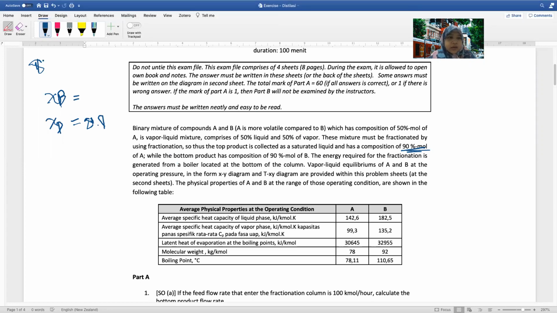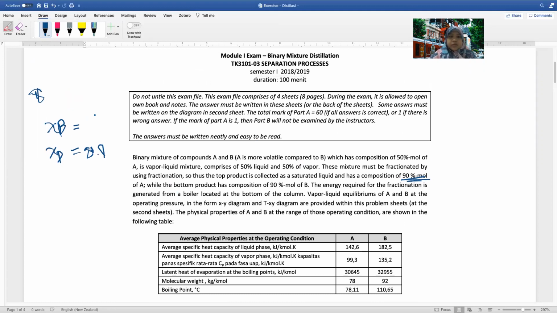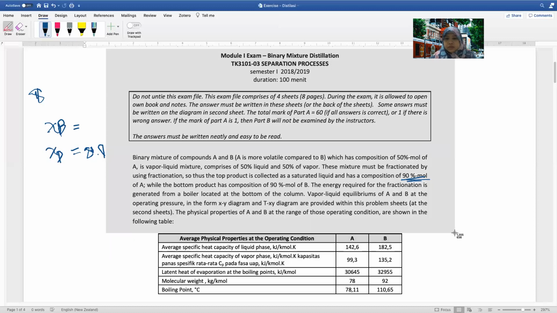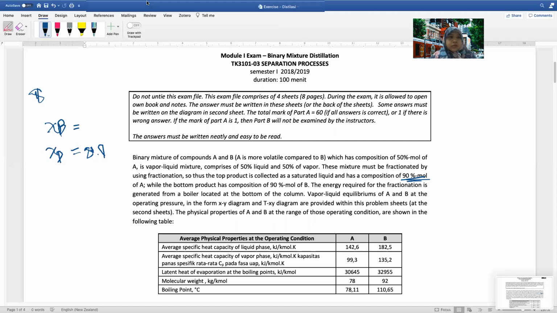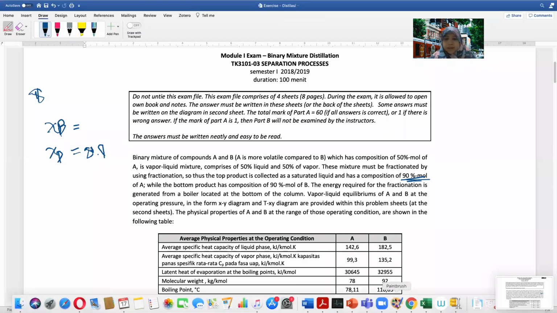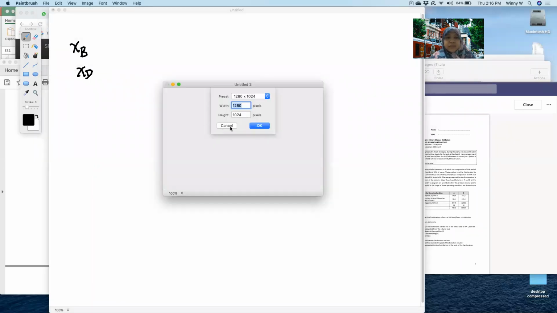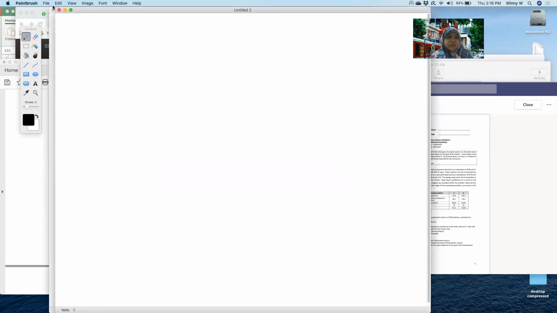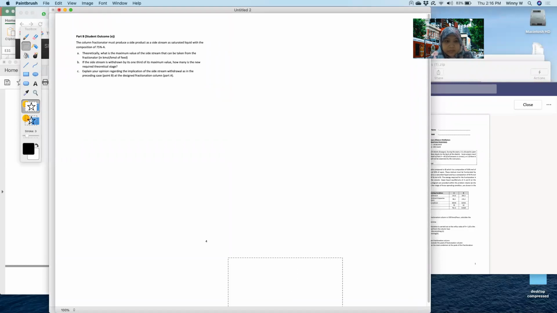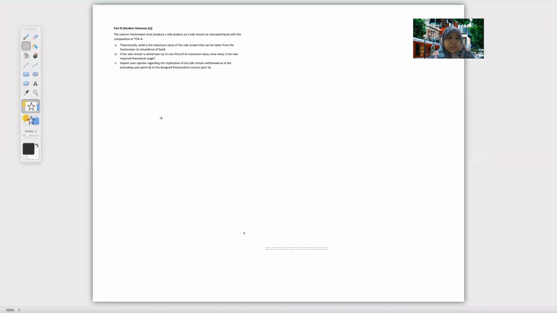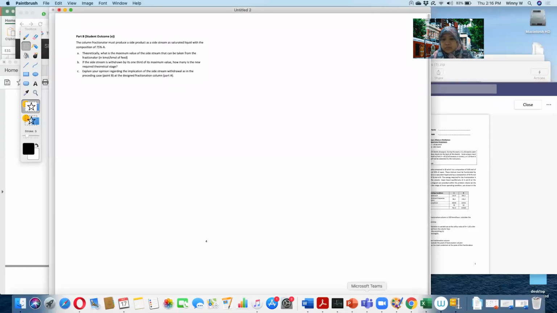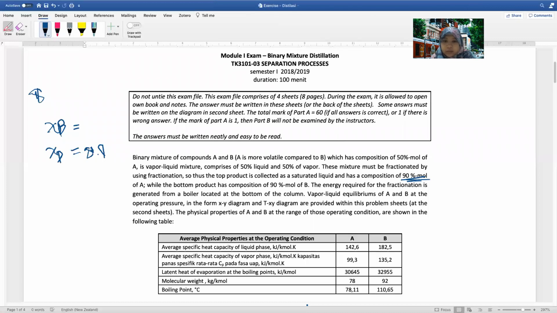Or what I can do, maybe just put this one and copy that into the Paint. Okay, this one is 90% A, so this is XD.